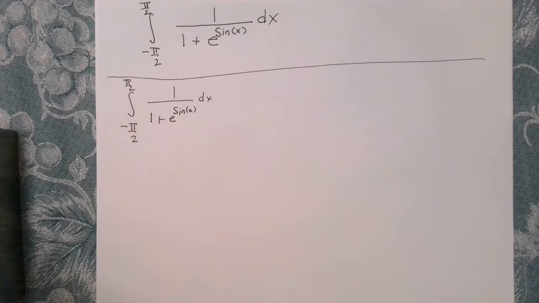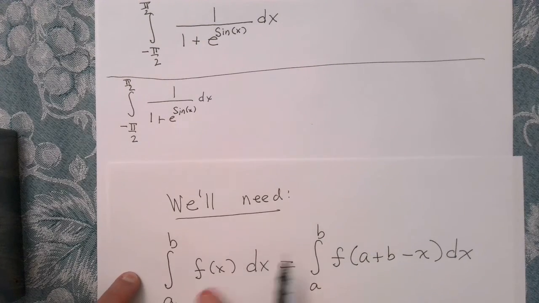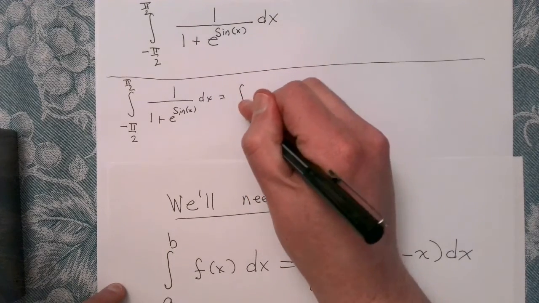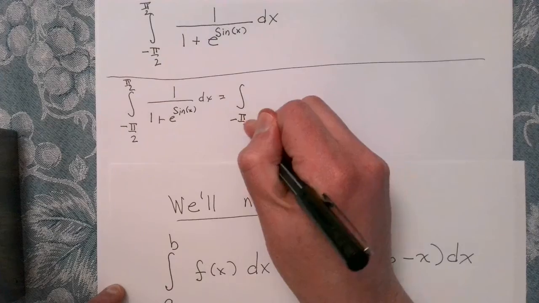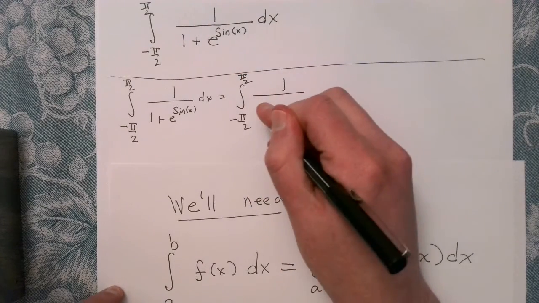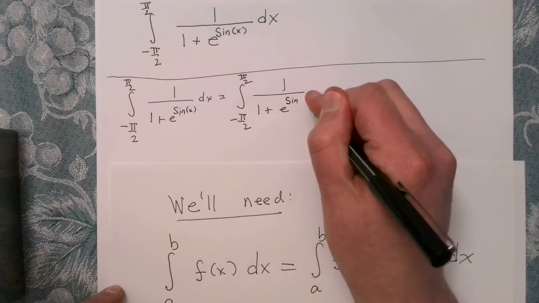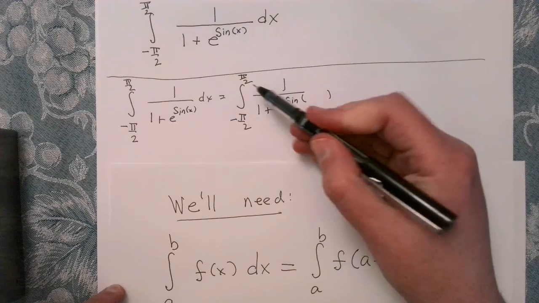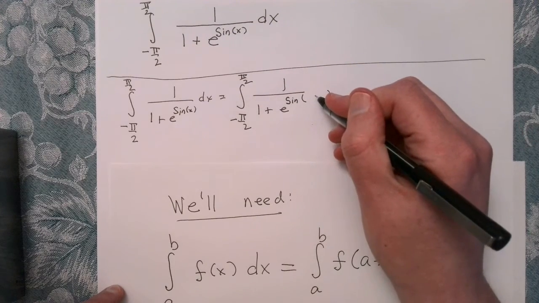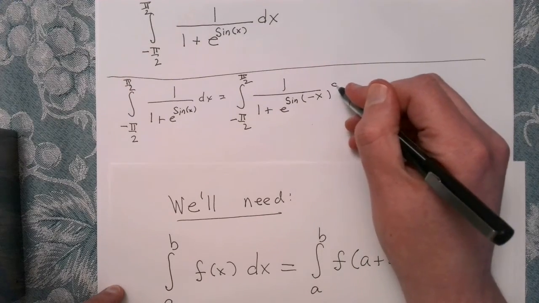Now, by the property that we just mentioned, we can say that this is equal to the integral from minus pi over 2 to pi over 2 of 1 over 1 plus e to the sine of, well, the sum of the bounds, which is 0, minus x. So 0 minus x gives me negative x.